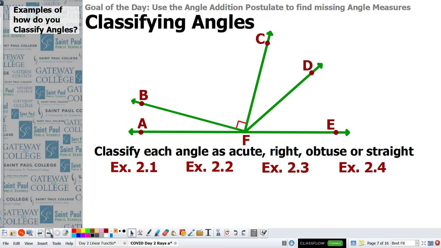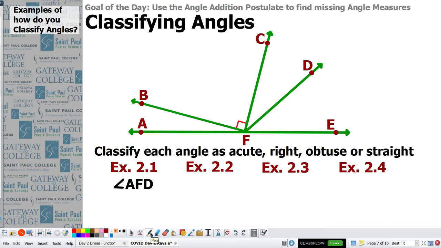So the first thing we need to be able to do is classify angles. We have to identify what angle AFD is, and then classify it as either acute, obtuse, right, or a straight angle. So AFD.